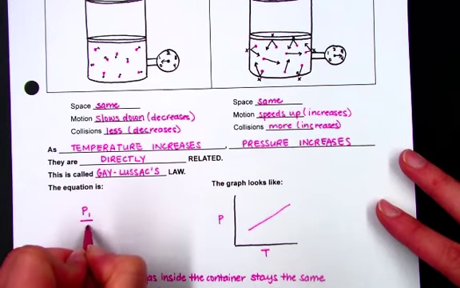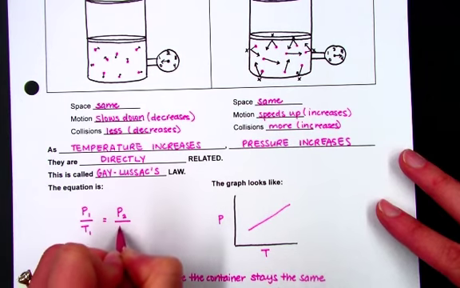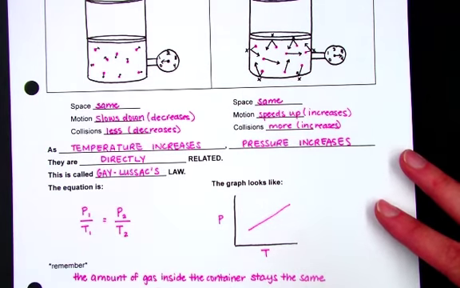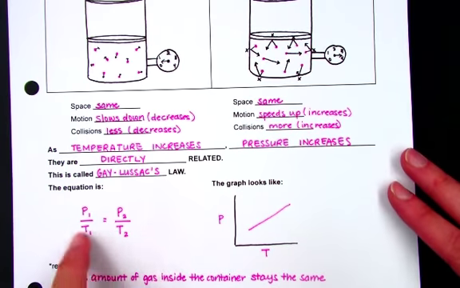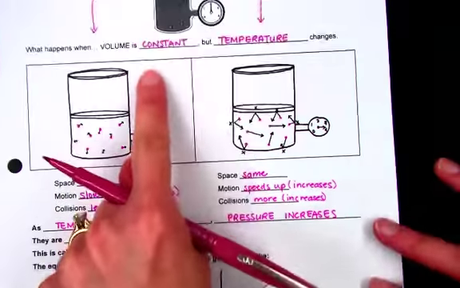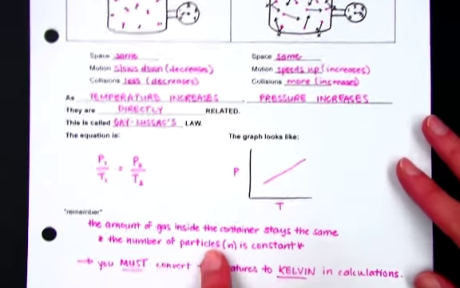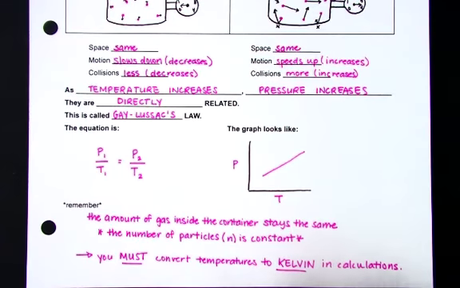P1 over T1 is equal to P2 over T2. Okay. You'll always use this equation to solve when pressure and temperature change and volume is constant and the number of particles is constant. Remember down here we wrote you must convert temperatures to Kelvin. Okay? Because this has temperature in the equation, you always have to make sure that you convert to Kelvin.